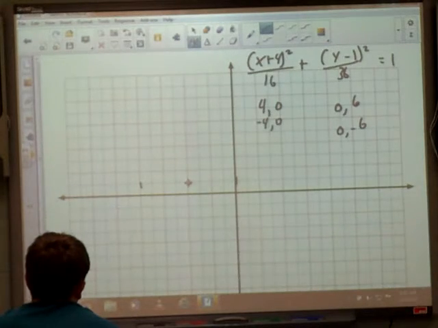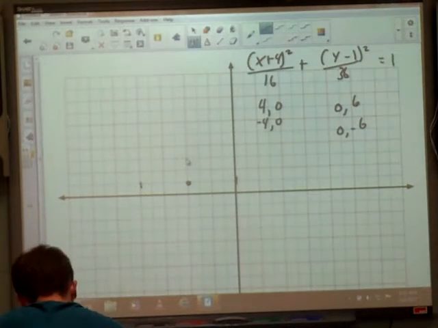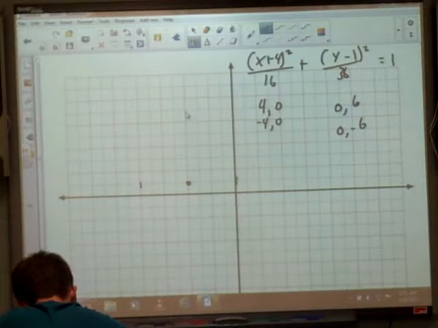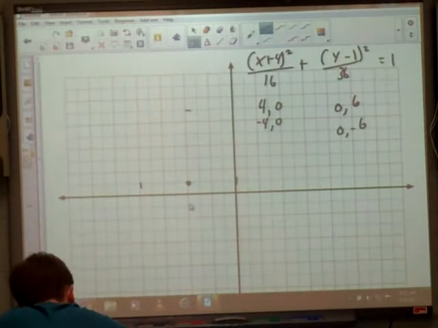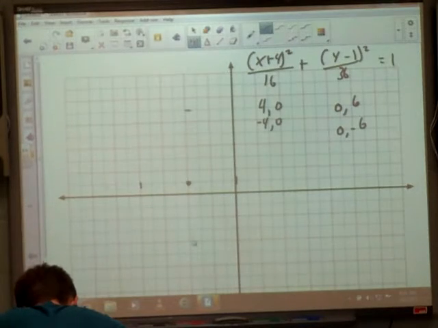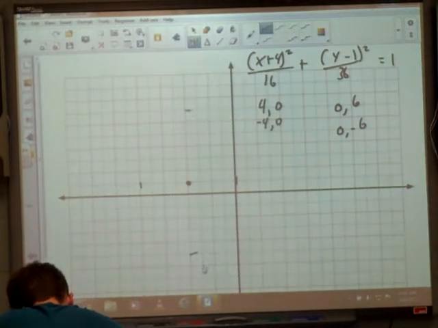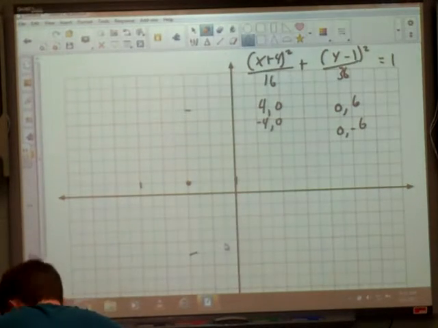So from there, I'm going to go up 6, 1, 2, 3, 4, 6. Okay, so these points are going to be what you connect to make your ellipse.